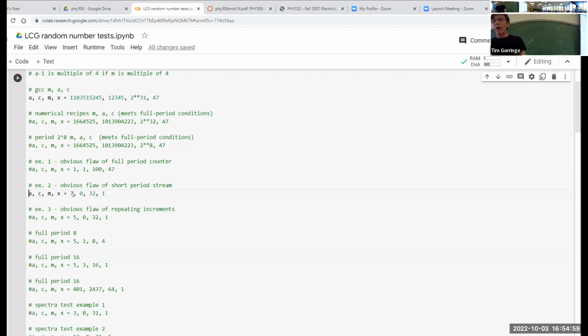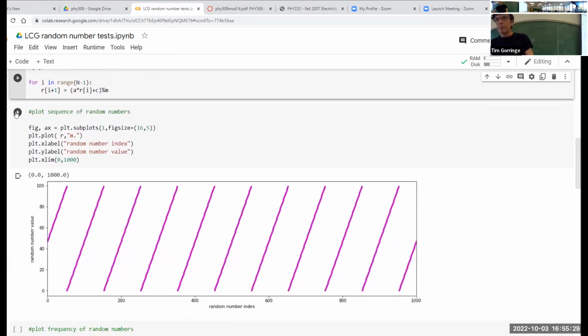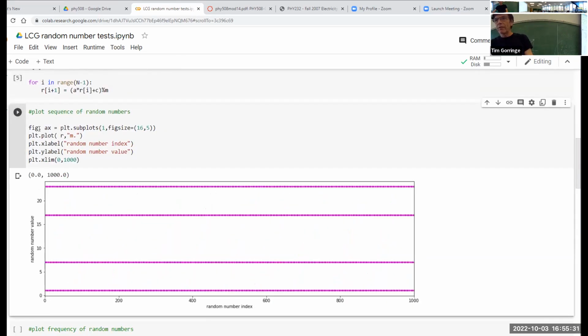That's the multiplier. I'm not adding a constant. And I'm going to generate numbers up to 31. So I'll be able to generate random numbers in a range from 0 to 31 because my M is 32. Okay, so let's plot this guy.